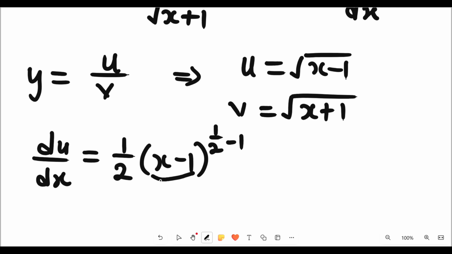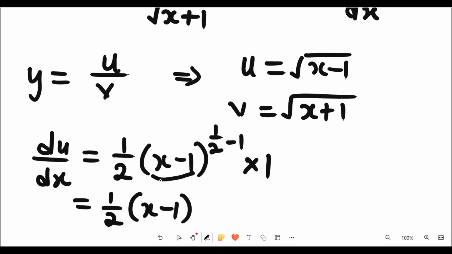So x minus 1 gives us a derivative of positive 1, times 1. And this will give us half of (x minus 1) having an exponent of negative half.